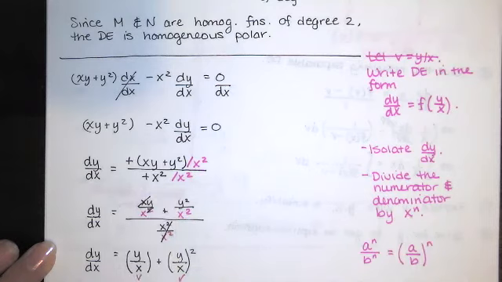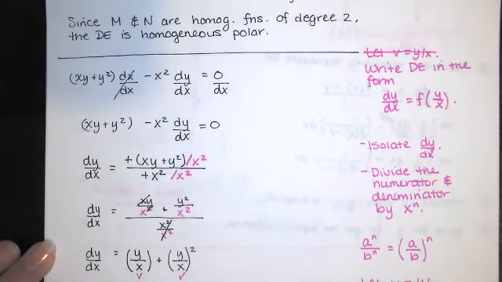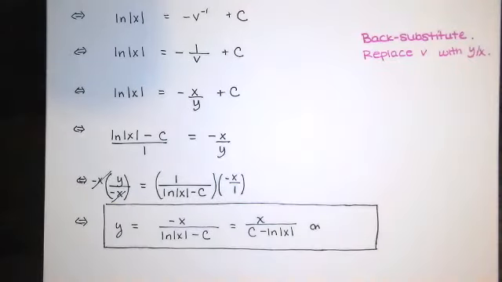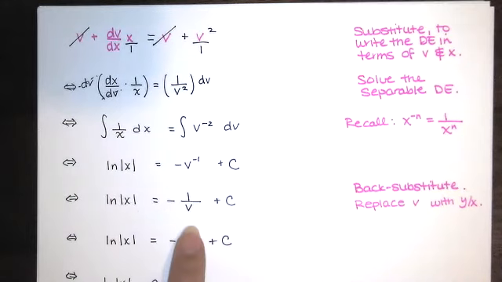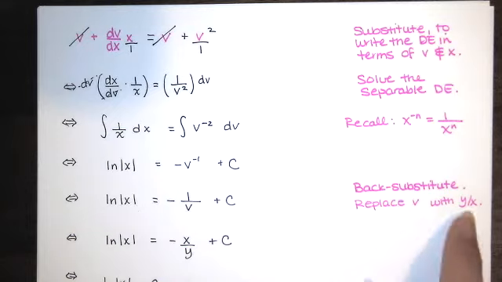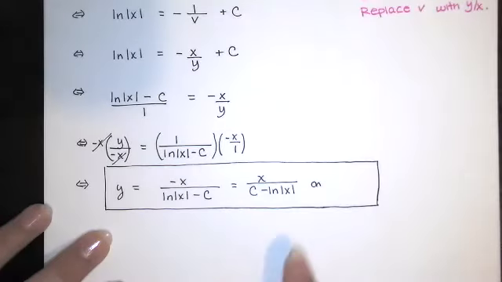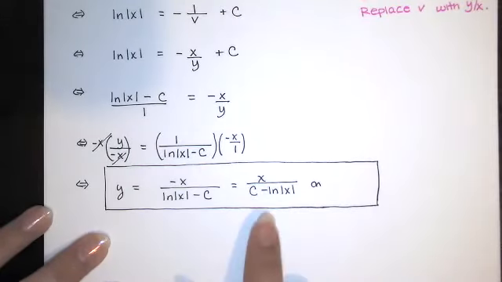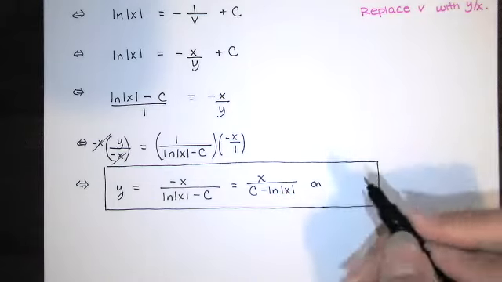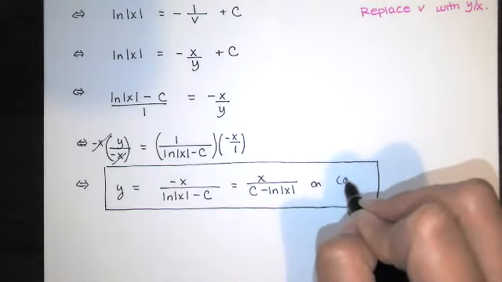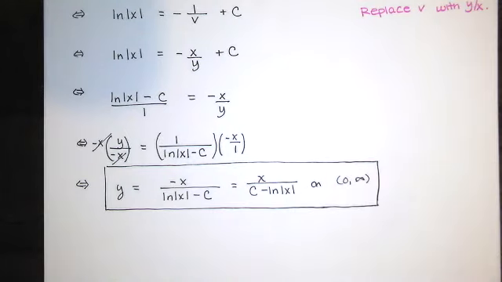So x can't be 0. V can't be 0, and v is y over x. If v can't be 0, that means y can't be 0. Well, this was never going to be 0 anyway, and x can't be 0 because of this log. So it looks like this is going to be well defined on 0 to infinity. X equals 0 is a problem.